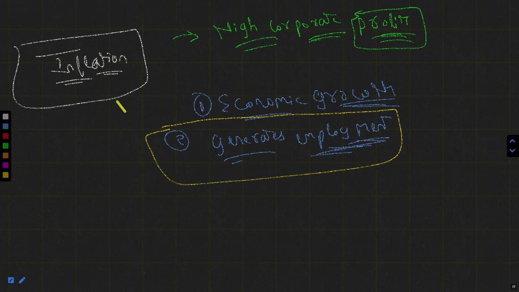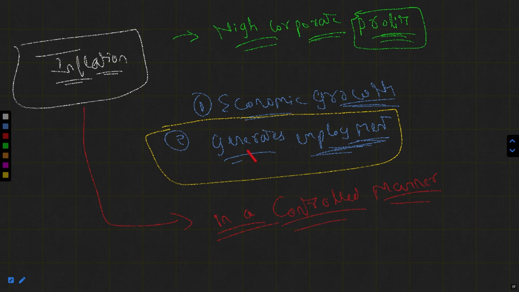So inflation is good until or unless it is in a controlled manner. Once it gets out of control, there will be a case of excessive inflation, and this will not be in favor of our country.